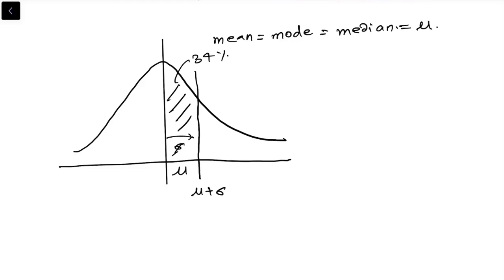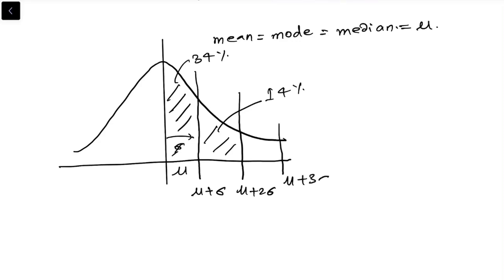And if we move again sigma, so let's say this is mu plus 2 sigma, then this area is 14% approximately.